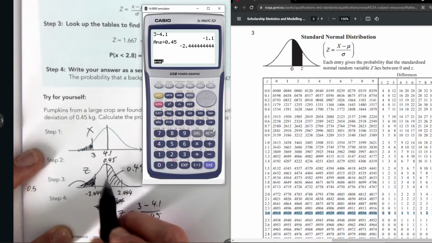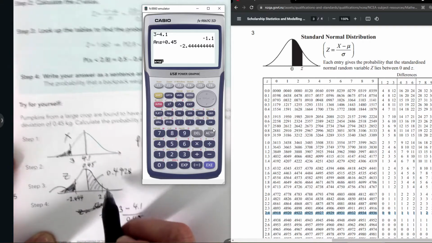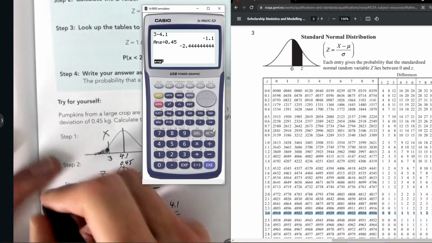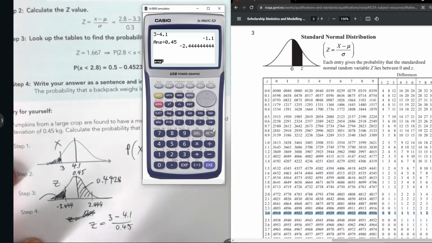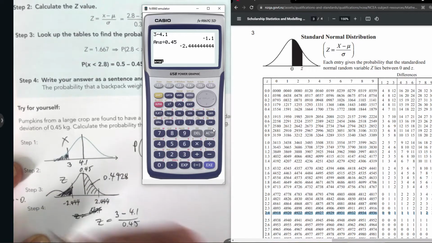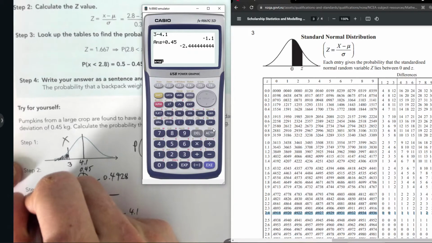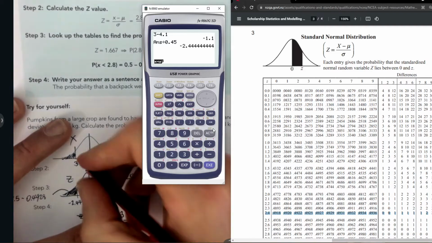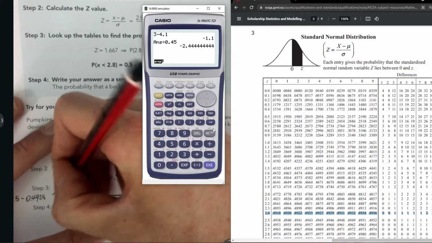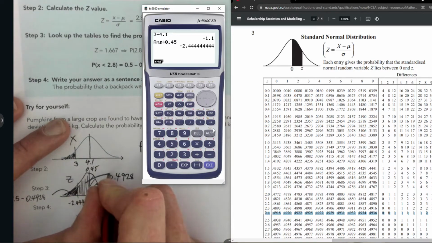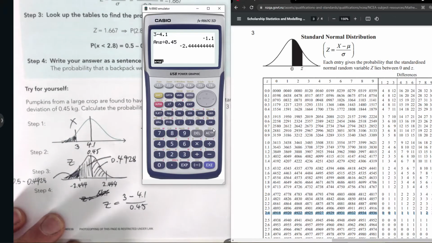And we know that this chunk is equal to the same as this chunk, which is also 0.4928.